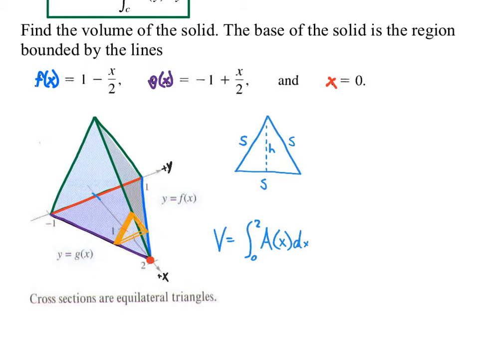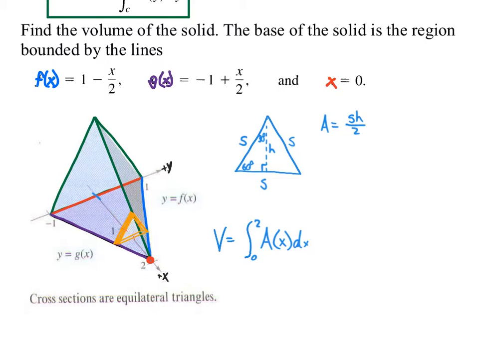So we know that the area is the side times the height divided by 2. What else do we know? Since it's 60, 60, 60 originally, you have a 30, 60, 90 triangle on the side.